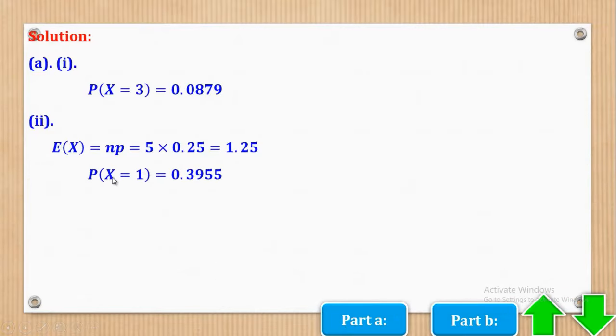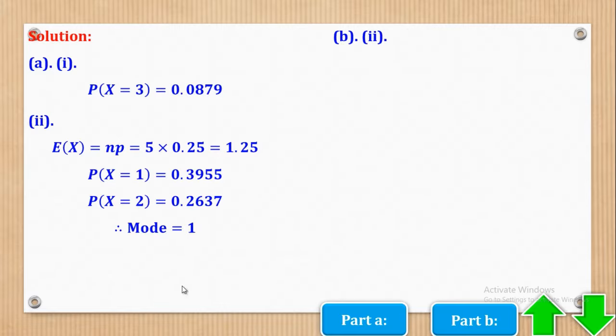The probability of x equal to 1 is 0.3955, the probability of x equal to 2 is 0.2637. Then you ask yourself, of these two probabilities, which one is higher? The one which is highest is 0.3955, and that means that the corresponding value of x is what will become our mode. Therefore, we conclude that the mode is equal to 1. So basically that's how they get the mode in case the mean is not an integer.